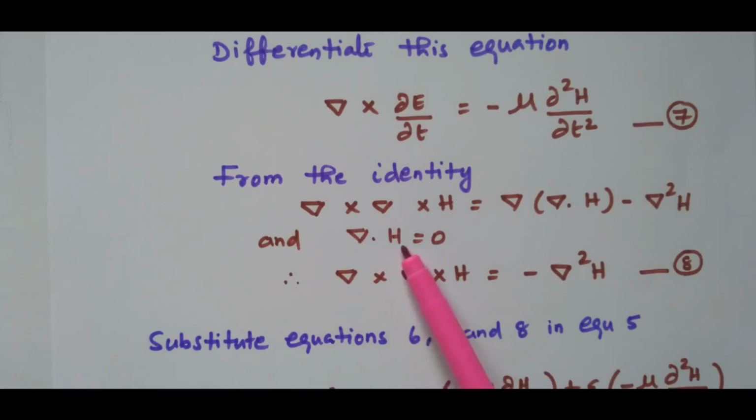So it becomes del cross del cross H equal to minus del square H. We take this as equation number 8 and the previous one as equation number 7.